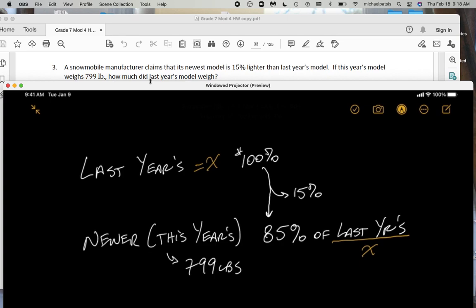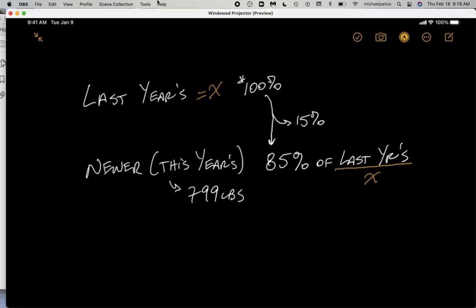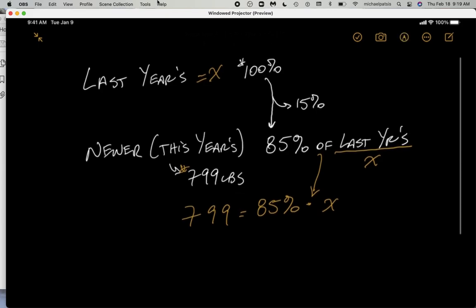Okay, so now we set up our equation. We know that the newer equals 799, but we also know that the newer equals 85% of last year's. Of means times. We know how to handle this.